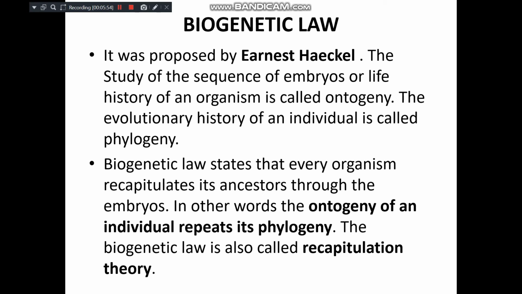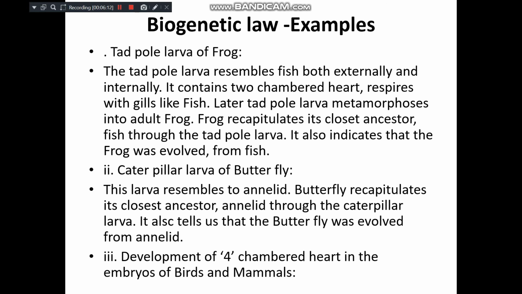Ontogeny of an individual repeats its phylogeny. It shows how life has evolved. That is the biogenetic law, also called the recapitulation theory. It's a very famous theory in evolution proposed by Ernst Haeckel. This biogenetic law proposed by Ernst Haeckel can be justified by many examples.